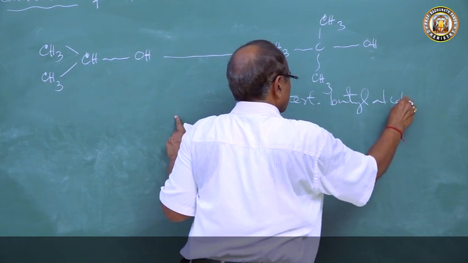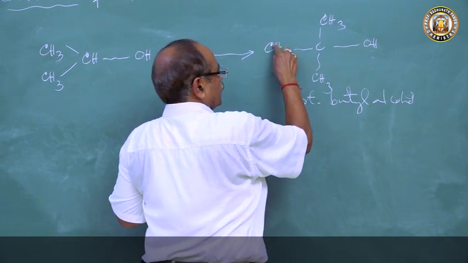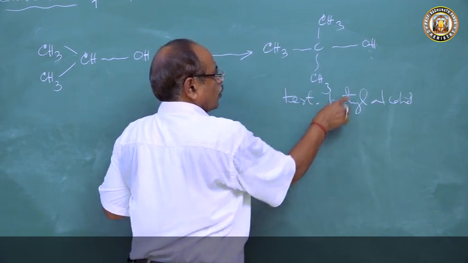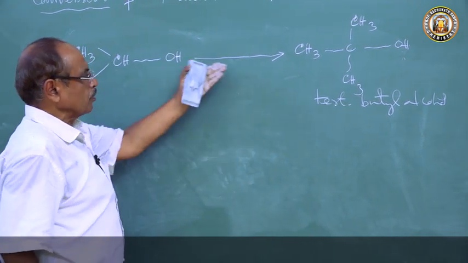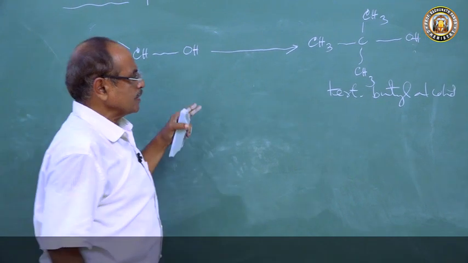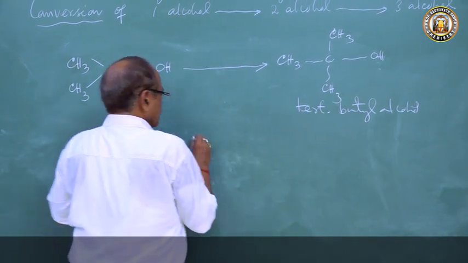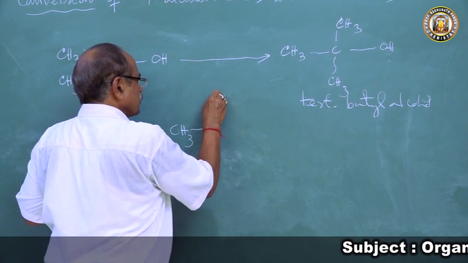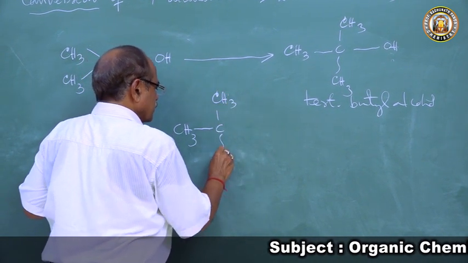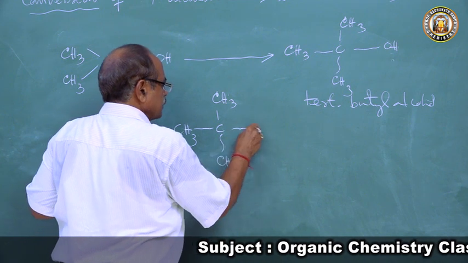Why tertiary? So this is a tertiary carbon atom, and 4 carbon atoms are there, butyl, OH there, butyl alcohol, tertiary carbon atom. So now we compare, as I told you, compare this. When you compare, what is the increase here? The increase is what? If you compare, this is tertiary butyl alcohol.